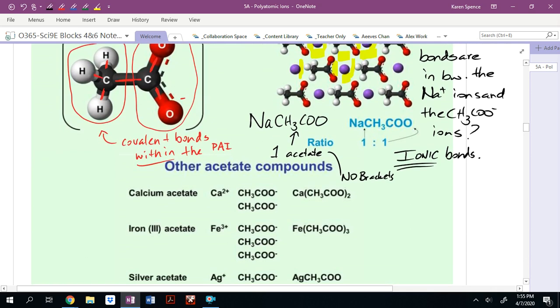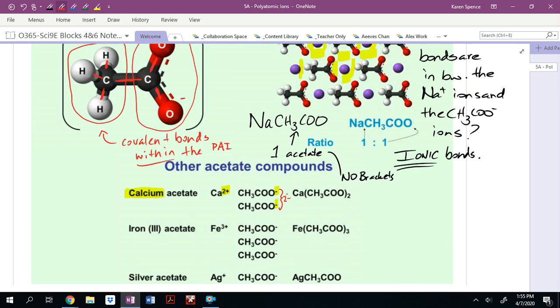Let's look at a few others just to sort of hit that home. Calcium acetate. Calcium is in group 2, so its charge is 2+. So in order to balance that 2+ charge, we need to have a -1 and a -1 for an overall charge of 2 negative. 2 positive and 2 negative makes a neutral compound.